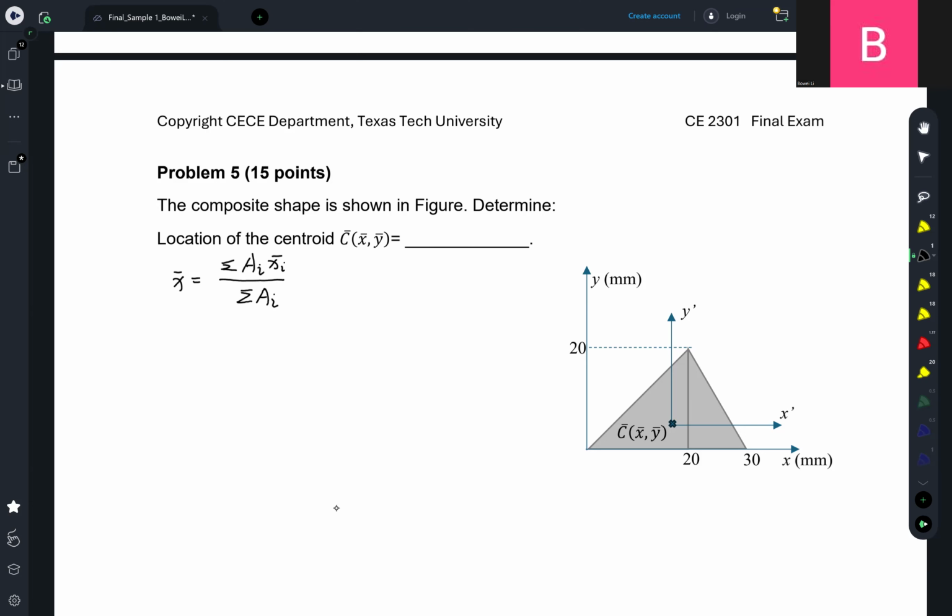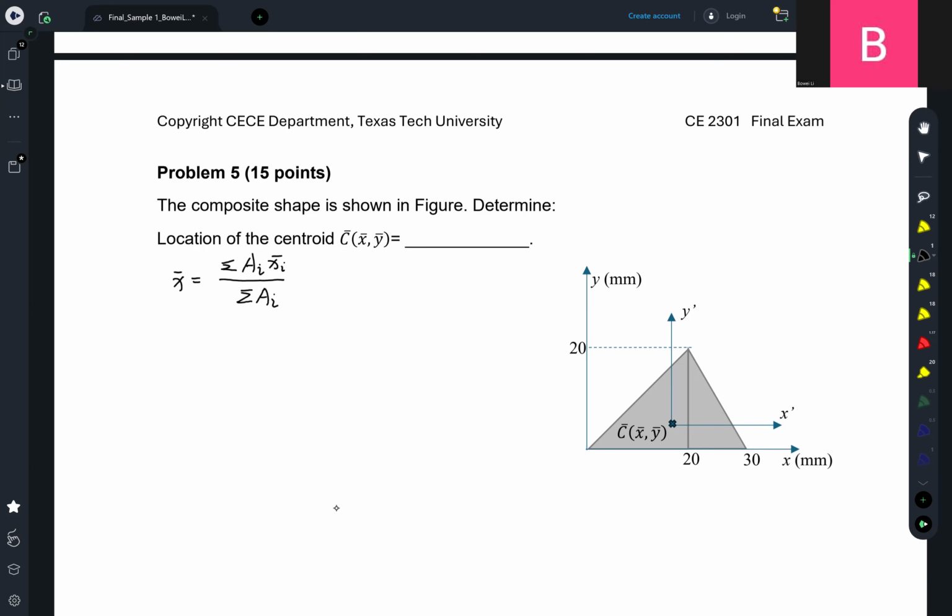Since we have the summation over several areas denoted by i, we are going to divide the composite shape into regular parts.